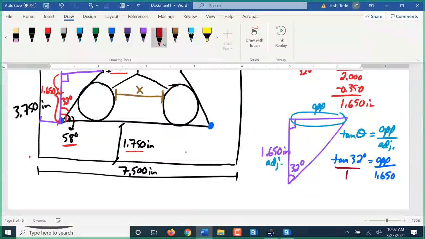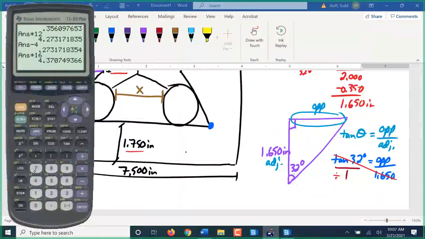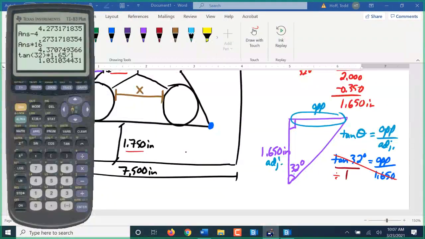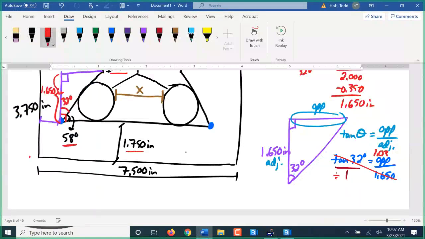So I make this a proportion, put it over 1, and I will cross multiply and divide. So tangent of 32 degrees. Make sure you close that parentheses before you multiply. Times 1.65 inches. Again, you don't really have to divide by 1, but I'll do it just to complete the problem. 1.031 inches is what we get there for that opposite side.